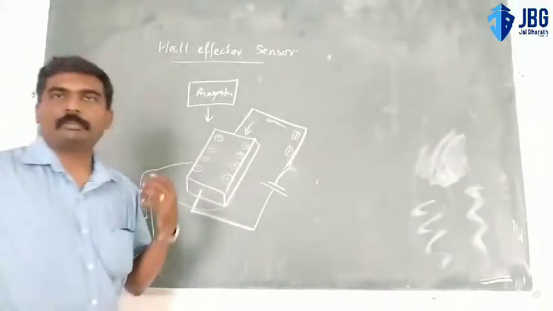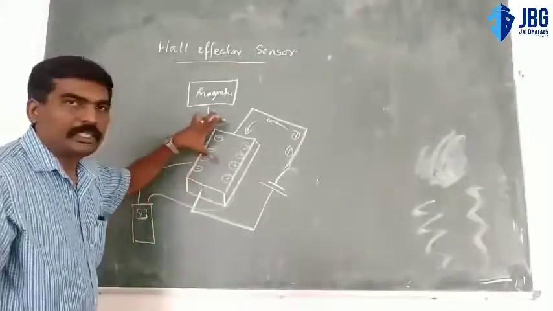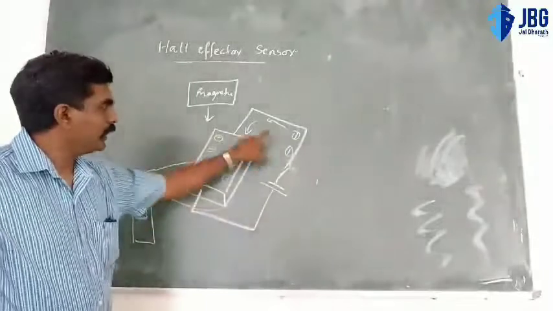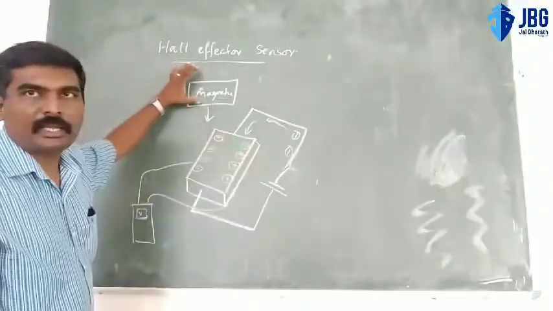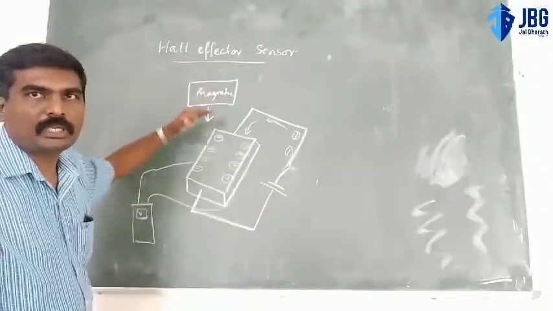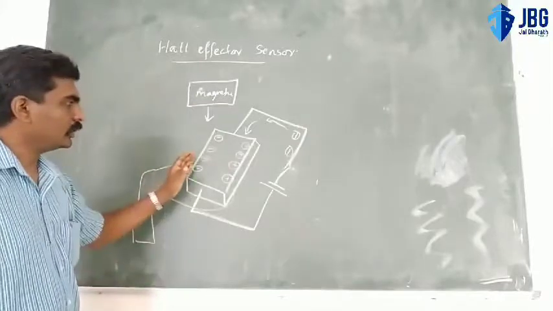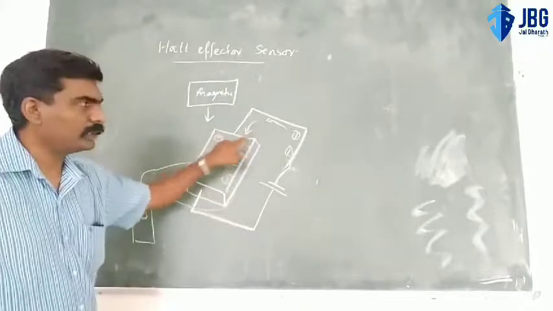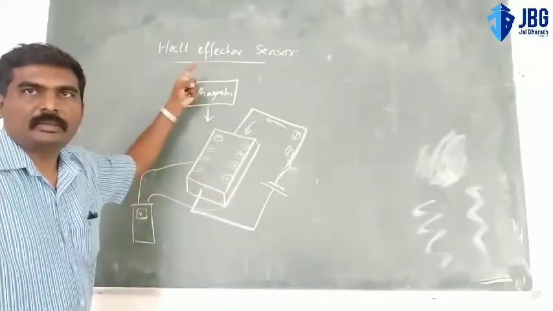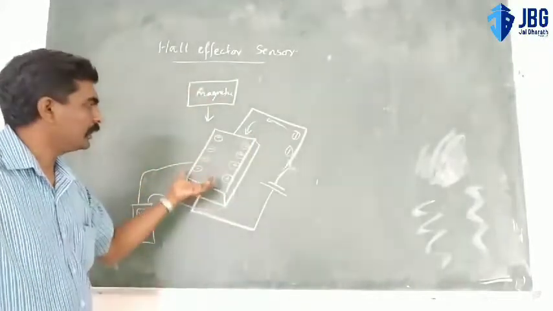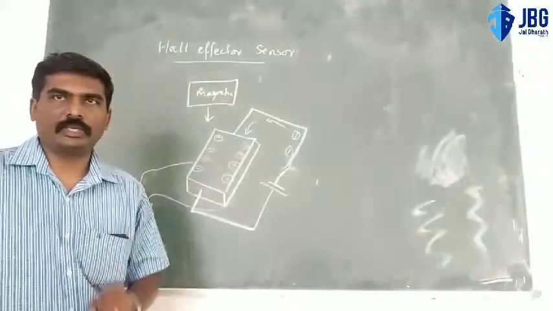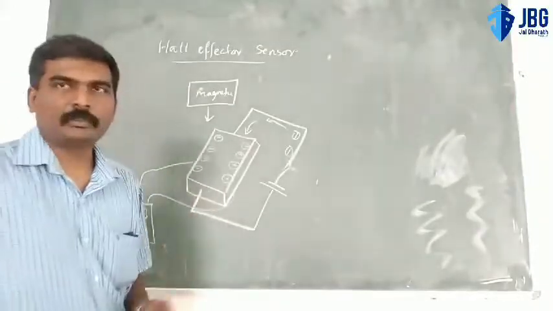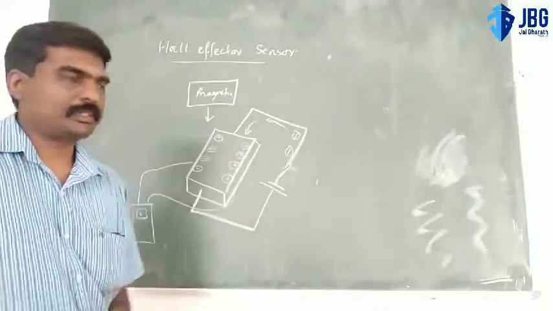Once again I repeat, for a current carrying conductor, if we apply a magnetic force perpendicular to the current carrying conductor, a potential will develop perpendicular to both the current and the magnet. That potential is called the Hall voltage, and the process is called the Hall effect.